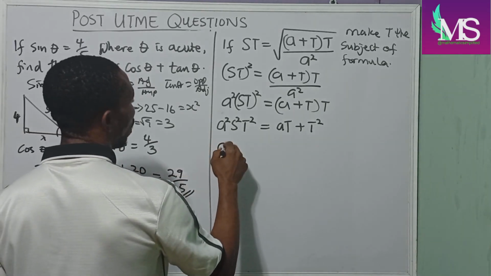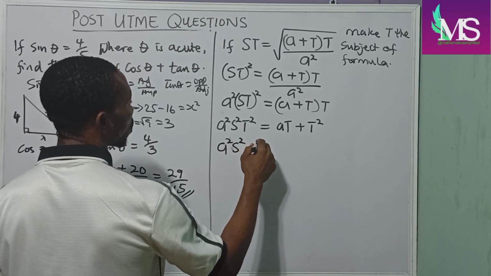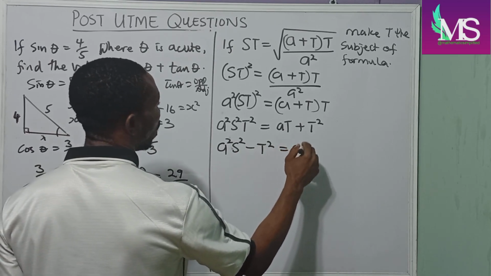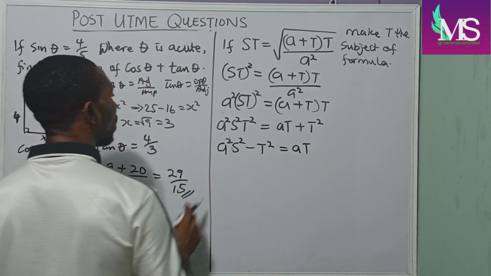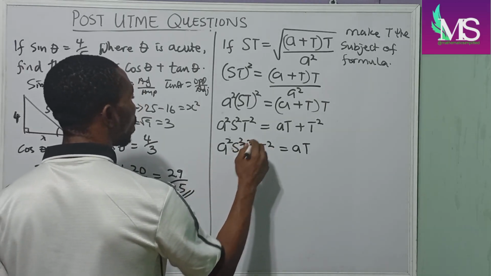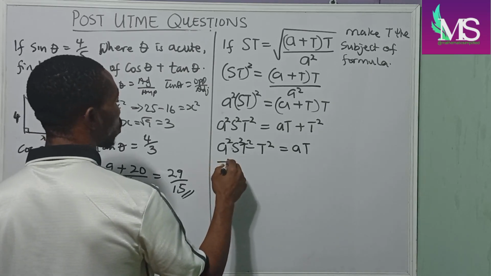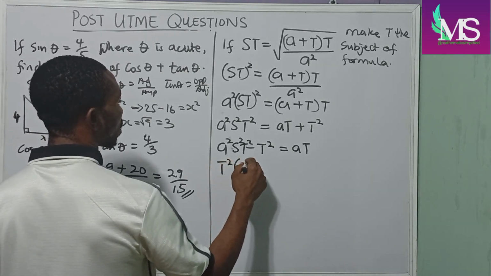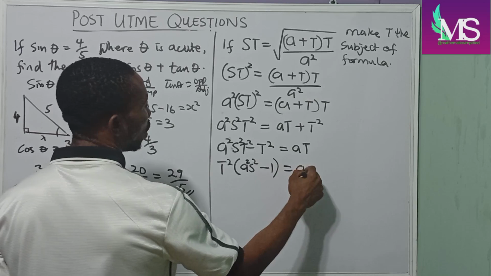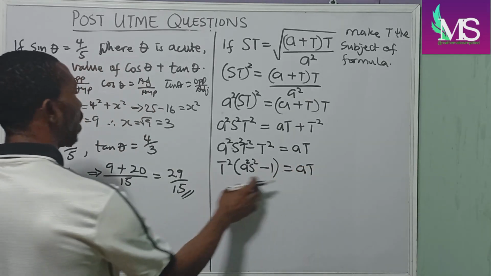This will become a squared s squared t squared, minus t squared equals at. Okay, having it this way, we can now factorize this to become t squared bracket a squared s squared minus 1, okay, equals at.